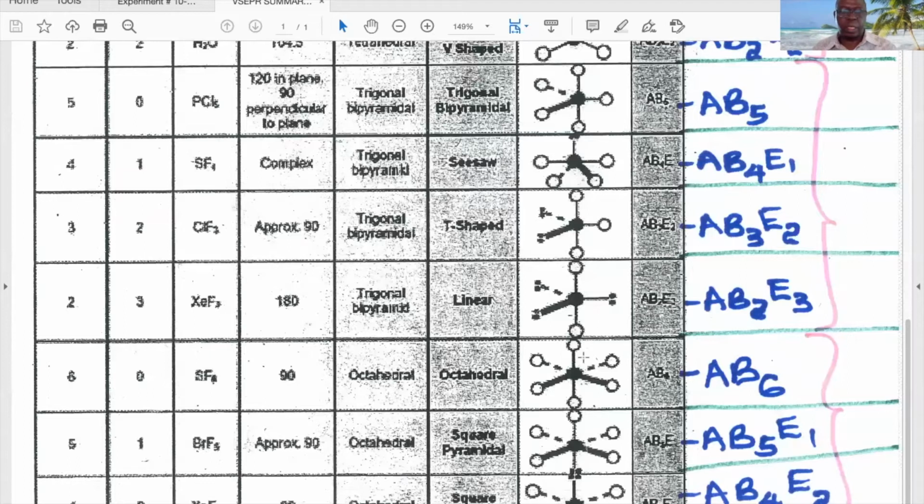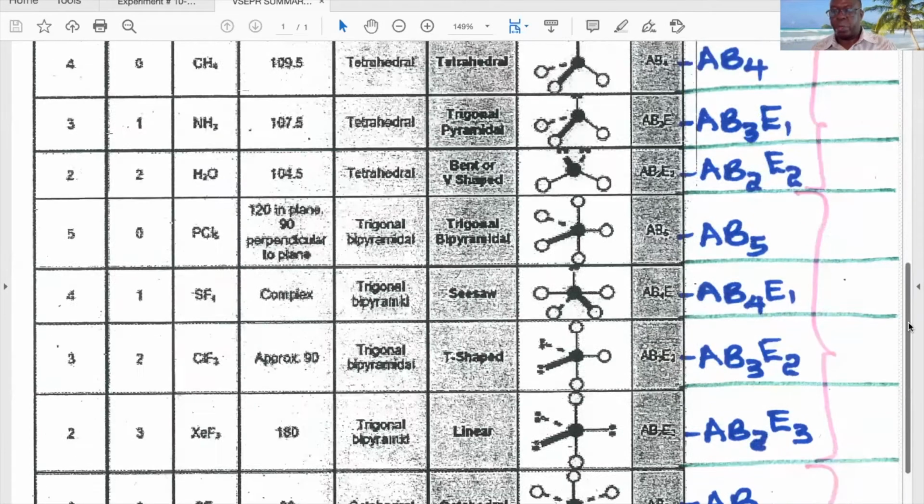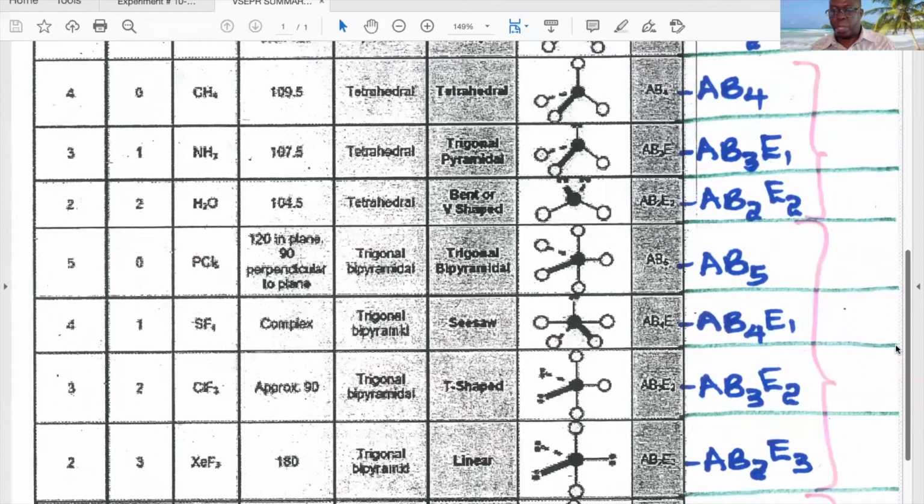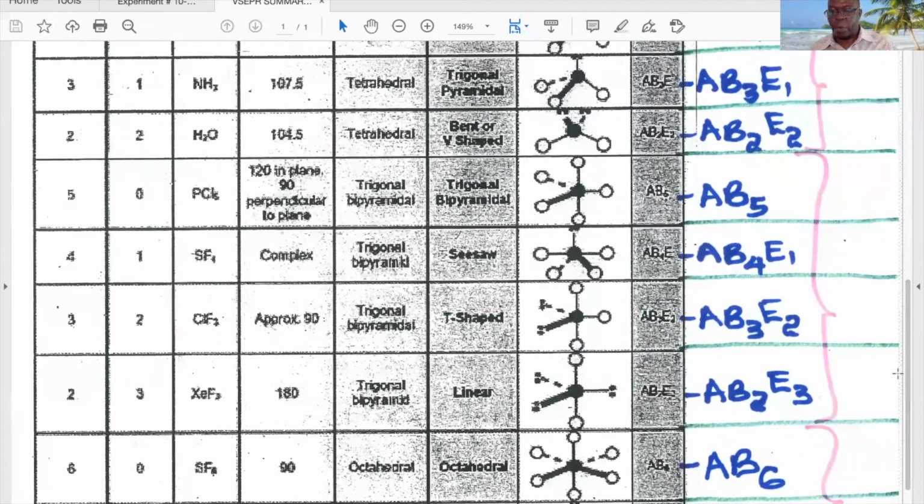If we have 6 electron domain geometry, we will have 2 lone pairs of electrons. We use 4 pairs, 16, 12, remain 4.